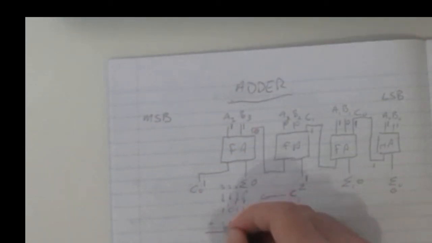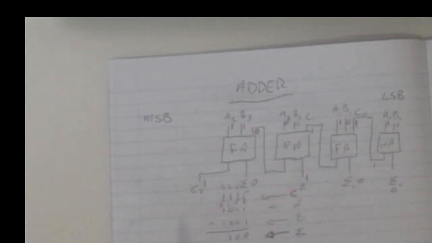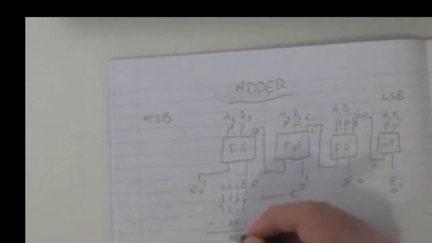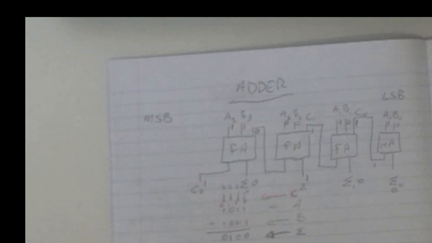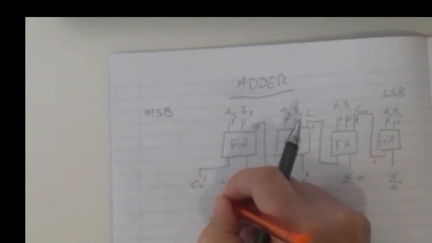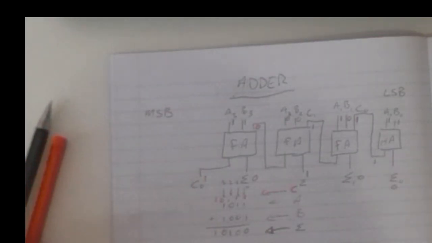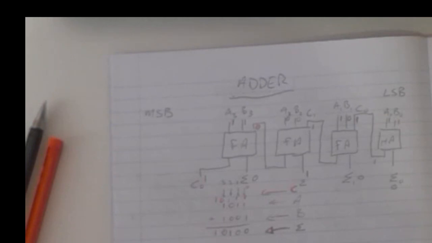So looking at that, 1 plus 1 plus the carry from the previous, which is a 0, is equal to 0. And then the carry from there is going to give me that over there. And that is how we generate a 4-bit binary adder with an example of how it operates.